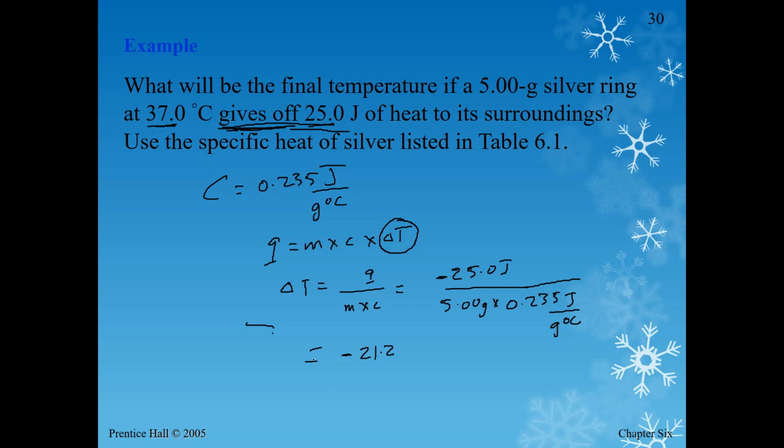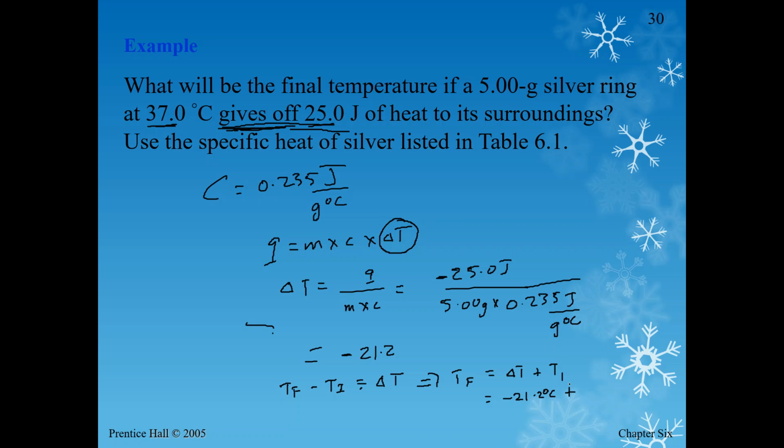So remember now, the final temperature minus the initial temperature is equal to delta T. So this implies that the final temperature will be equal to delta T plus the initial temperature, Ti, which would be equal to minus 21.2 degrees Celsius plus the initial temperature.